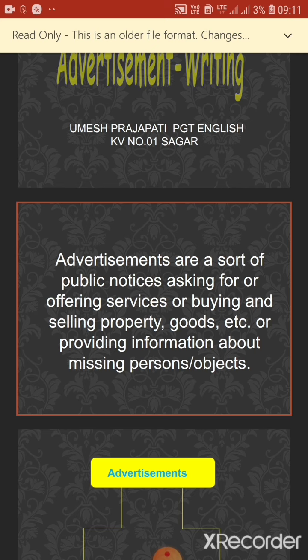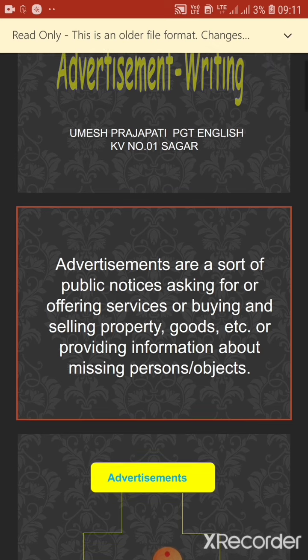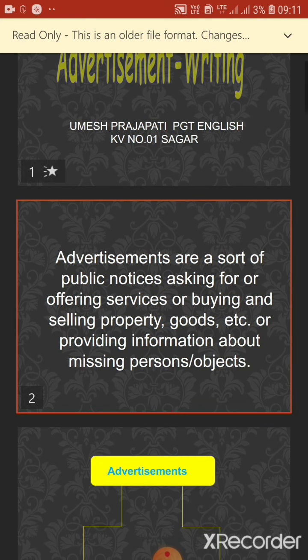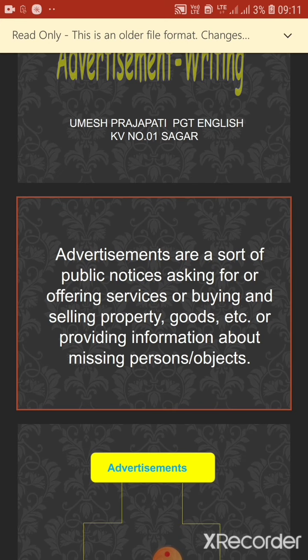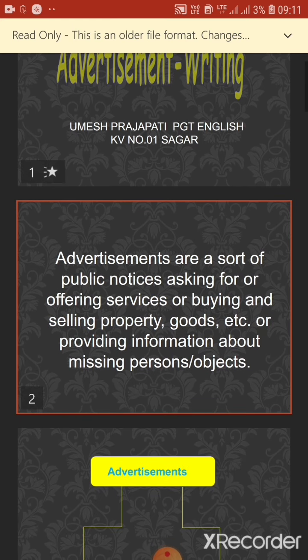Remember, an advertisement is a play of words. It must be very attractive to catch the eye of the reader. So it has become quite clear now what an advertisement is and what its purpose is. Unlike notices, an advertisement does not have a fixed target group.